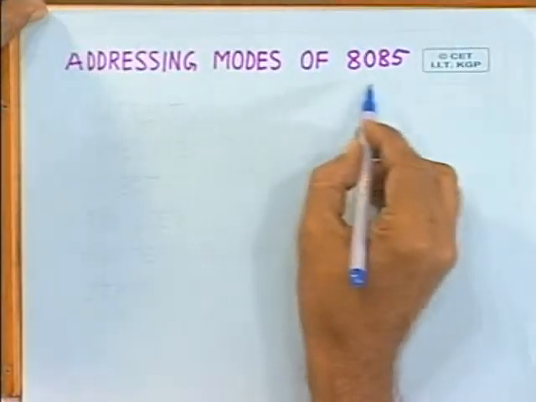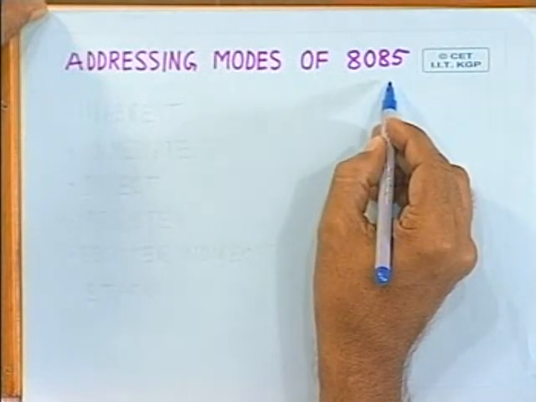So, re-entrancy can be implemented by stack addressing. So, we have given an overview of different types of addressing modes available in microprocessors. Now, let us very quickly refer to the addressing modes supported by the 8085.